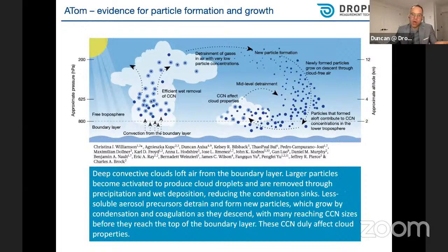And then the models have given us sufficient information to describe how these particles grow and become large enough that they may be acting as CCN.